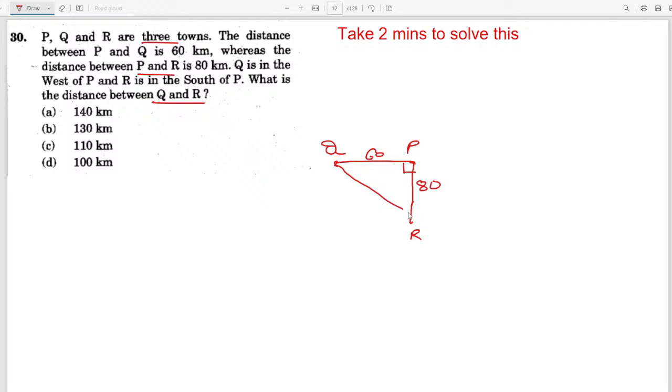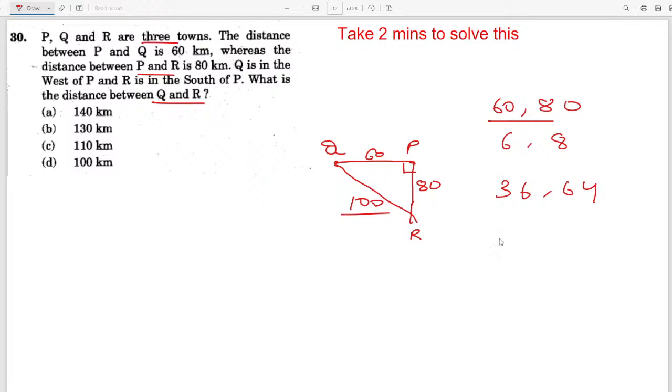So this is 60, 80, and what you can do is, if you remove this 0, you have 6, 8, which gives 36 and 64, and it gets to 100.